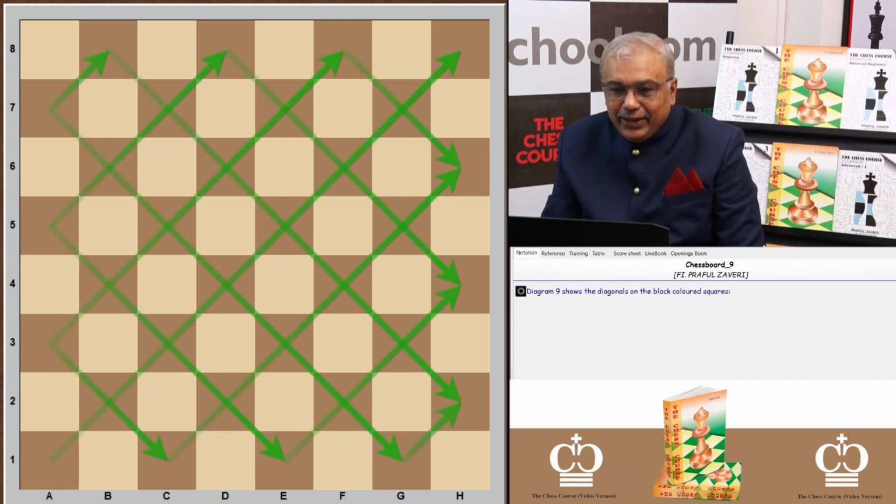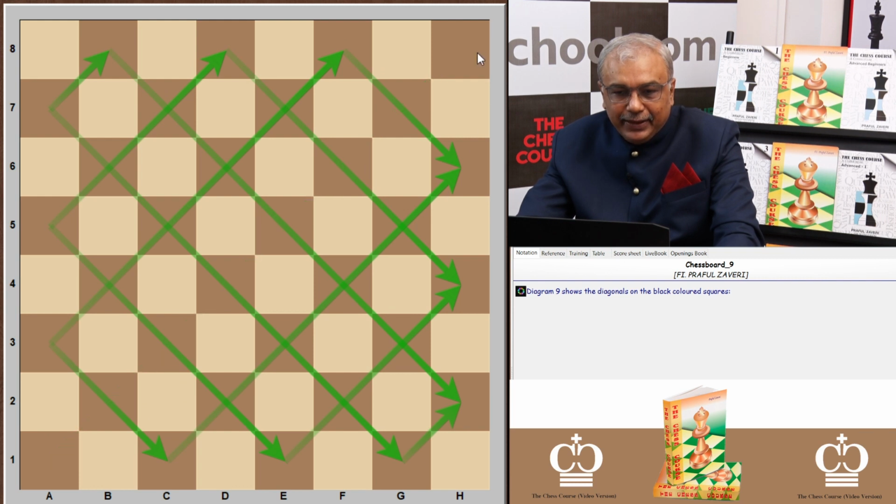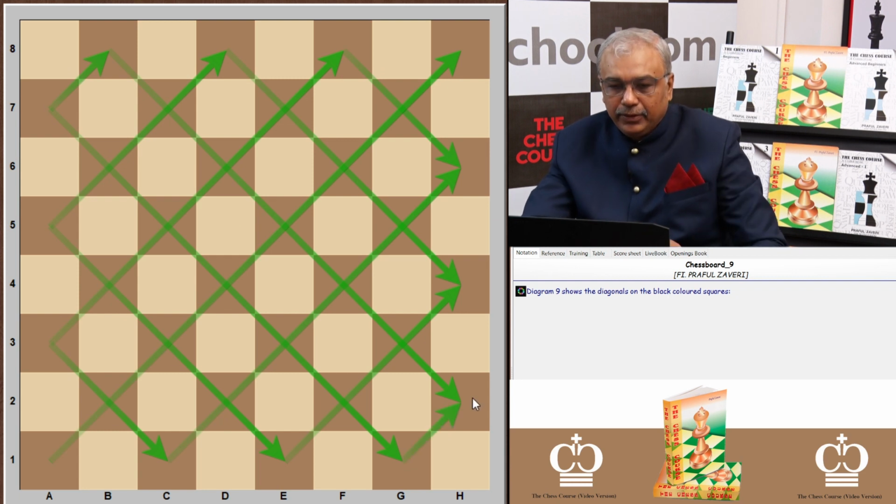Similarly, you can see here the diagonals on the black colored squares, that are also 13. Longest, as we had learned, is of 8 squares. So this is the 8 square diagonal, the longest, and of course the shortest we have 2 each for white and black. So one is here and the other here at the bottom right hand corner.